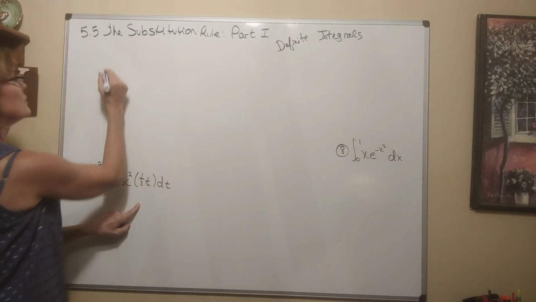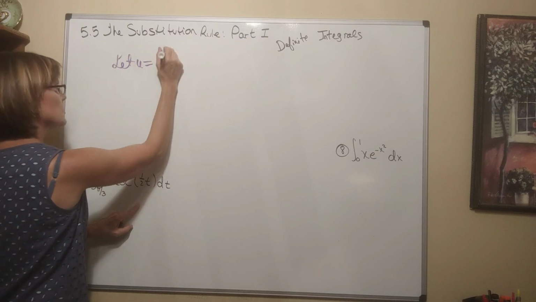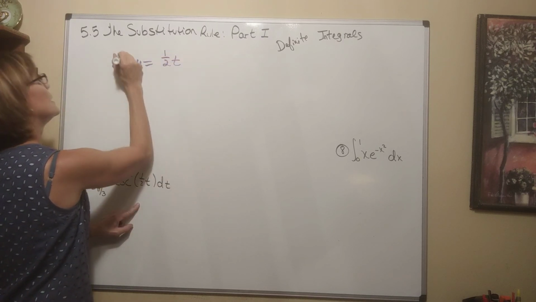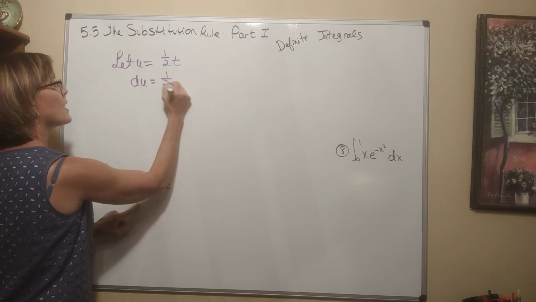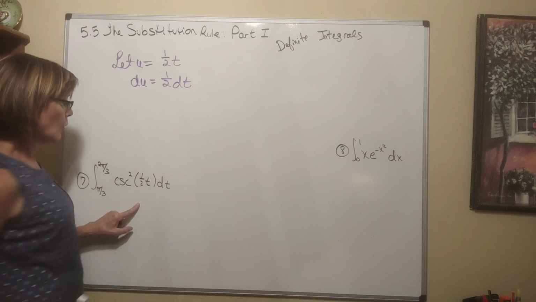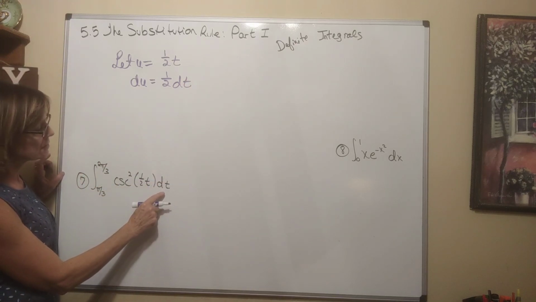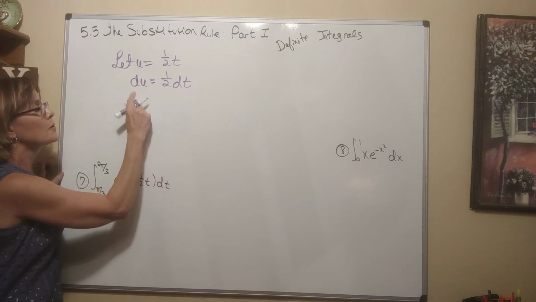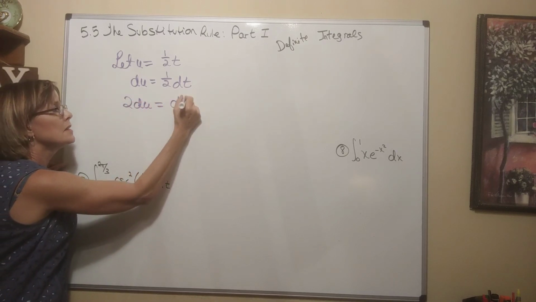Let's let u equal 1/2 t. And then when we take du, that's going to be 1/2 dt. What I need here is not a 1/2 dt, but just dt. So I could just multiply both sides by 2, and that gives me the dt.